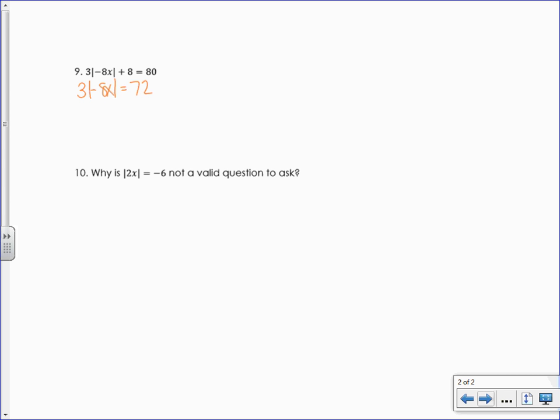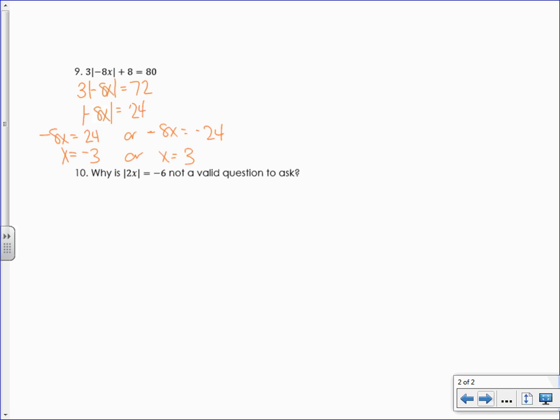When you divide both sides by 3, you get the absolute value of negative 8x is equal to 24. And now we can break into those two cases. So negative 8x is equal to 24, or negative 8x is equal to negative 24. So we get x is equal to negative 3, or x is equal to positive 3.